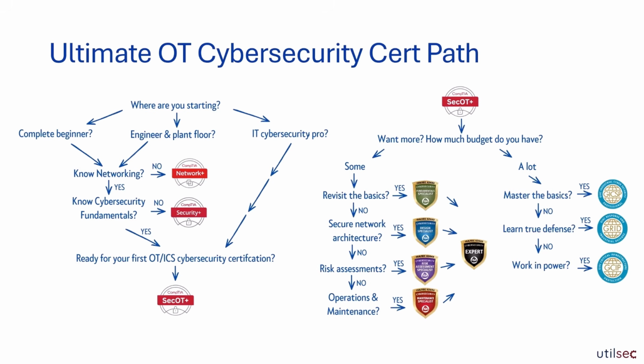If you don't have essentially that unlimited budget, then you're going to be looking at the ISA IEC 62443 path. So hopefully this roadmap will help you find your own path on building those certifications if you need to, right? And help you not only build the certifications, but more importantly, build the knowledge that goes with the certifications.